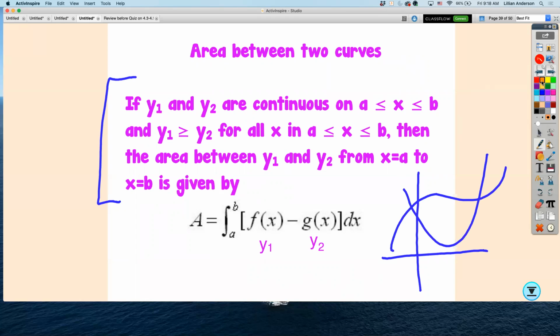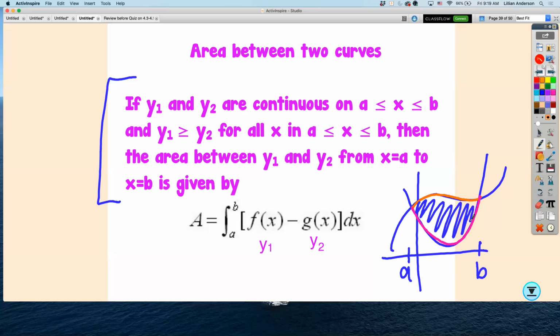But essentially, if you have two curves, to find the area between them, you take the top curve and then subtract the bottom curve, from one bound to the other bound. And that's how you find the area between your two curves. Without it, you're essentially just finding the area between the curve and the x-axis.